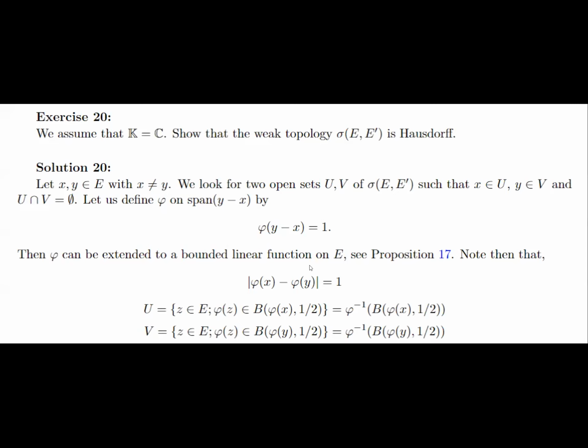You can draw a nice picture of that, and then I can just define U and V as phi inverse of the first ball centered at phi of x, and V as phi inverse of the ball centered at phi of y. And by construction the intersection of U and V is the empty set. U contains x, V contains y, so we're done.